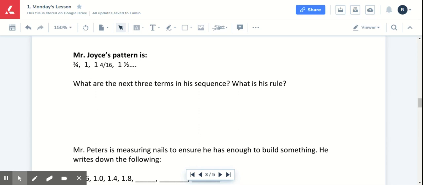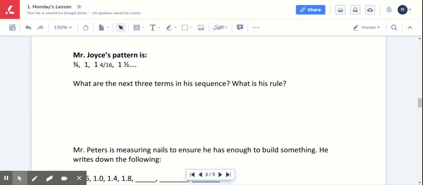So 1 and 1/4 is equivalent to 1 and 4/16. 1 and 4/16 plus 1/4 is 1 and 1/2.